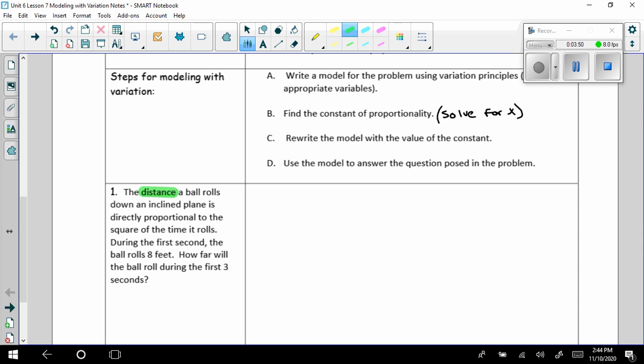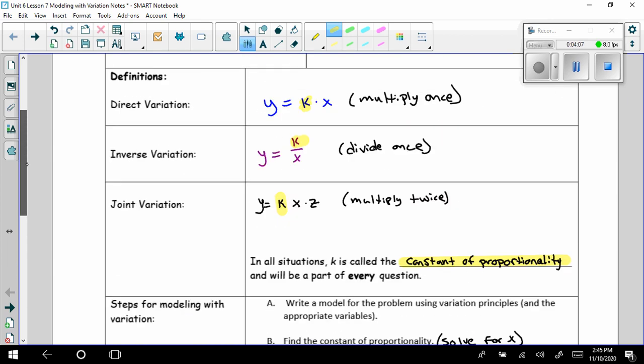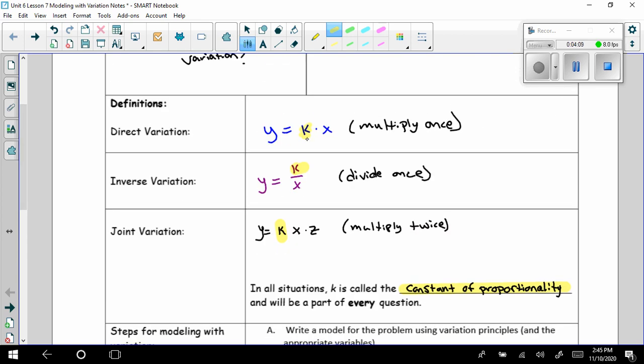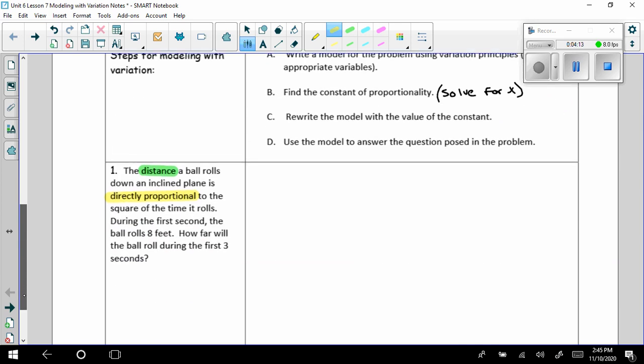So we know that distance is equal to rate times time. The fact that we're multiplying once tells us it is directly proportional. So we're using that idea of multiplying once by something when it's directly proportional.